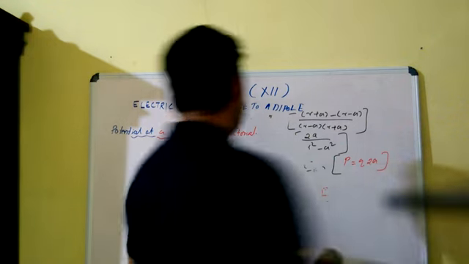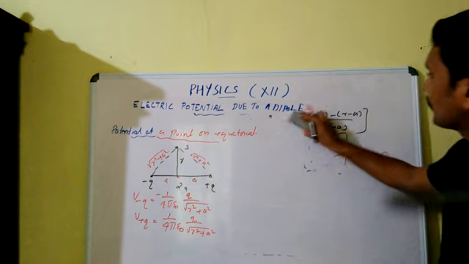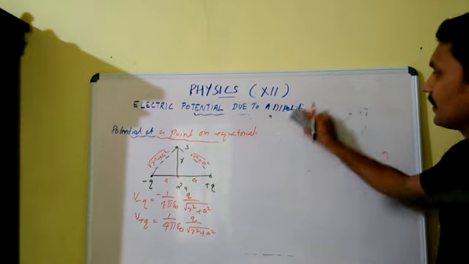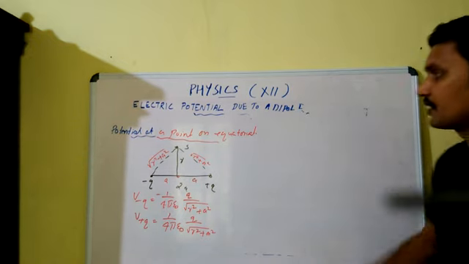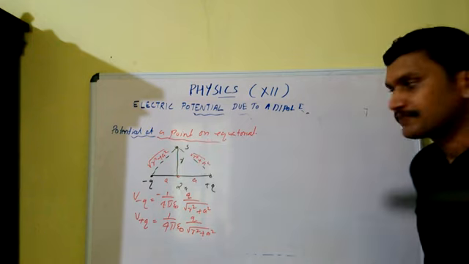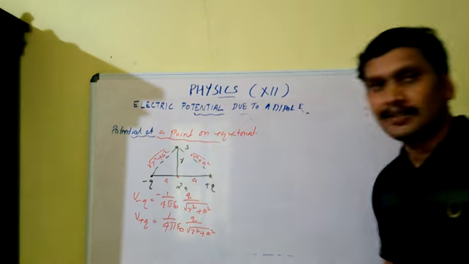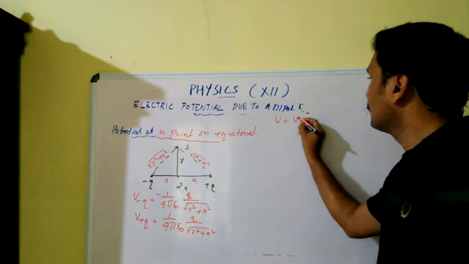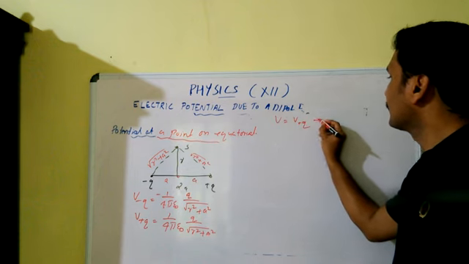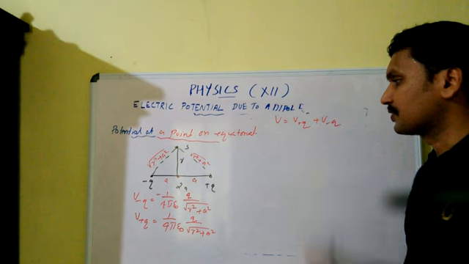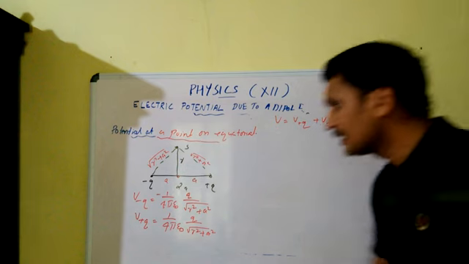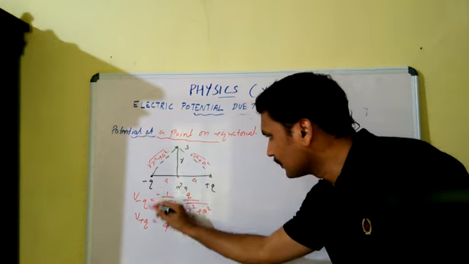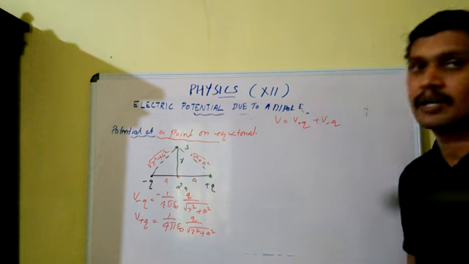Now when you are finding the total potential at the point S, the total potential at the point S is the sum of these two quantities. Use algebraic addition for that. V is equal to V plus Q plus V minus Q. But you see that the magnitudes of V plus Q and V minus Q are equal.